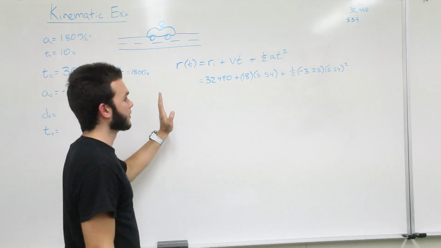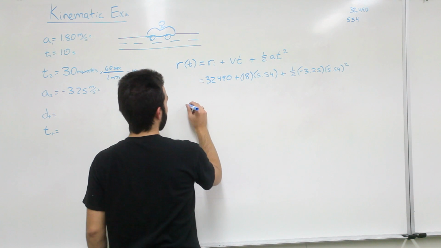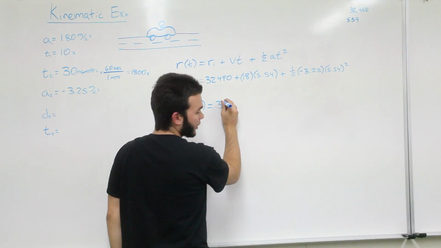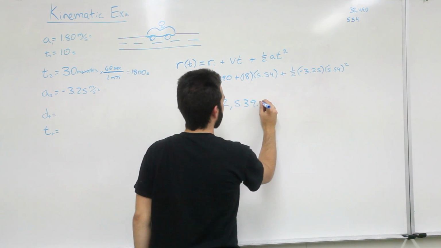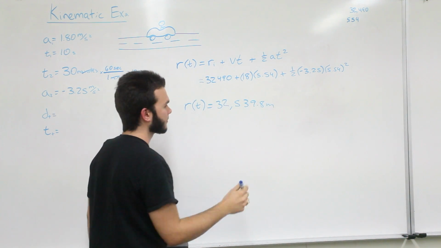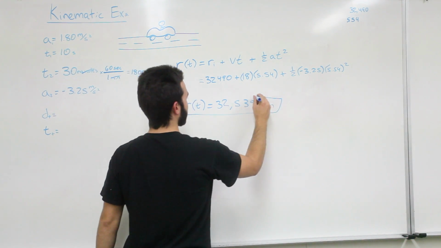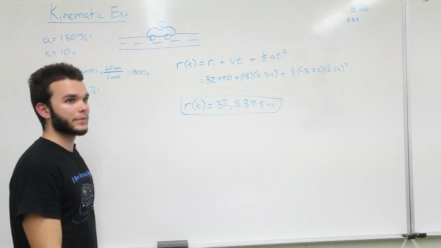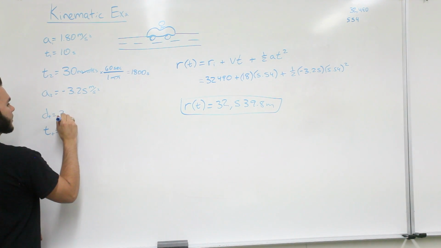We just want r of t, so you just do this math in your calculator, and you'll get that our final distance is 32,539.8 meters, roughly. So this is our final distance, the total distance traveled in the entire thing. So we can just write that out here.